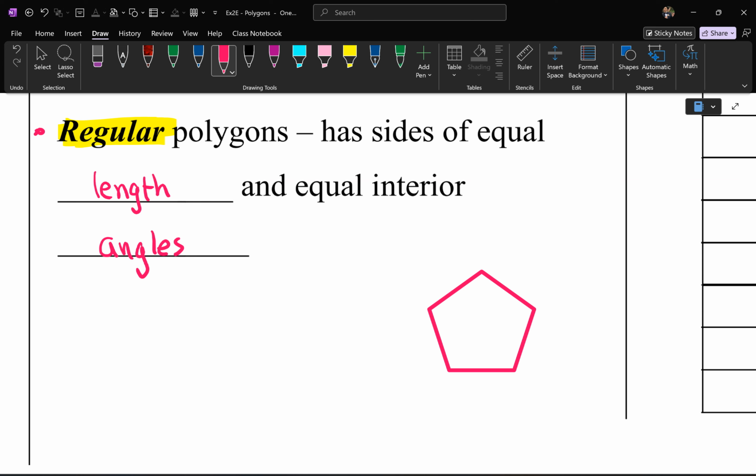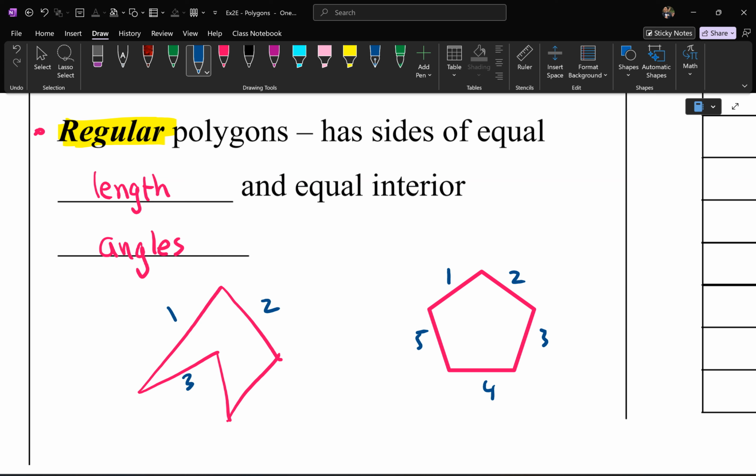That's your typical pentagon that you would have seen in primary school, but it has 5 sides, right? So we've got 1, 2, 3, 4, 5. That's called a pentagon. But I could have drawn the shape like this. 1, 2, 3, 4, 5. That's still 5 sides. Technically, this is a pentagon as well.